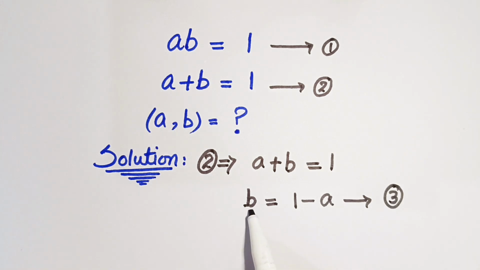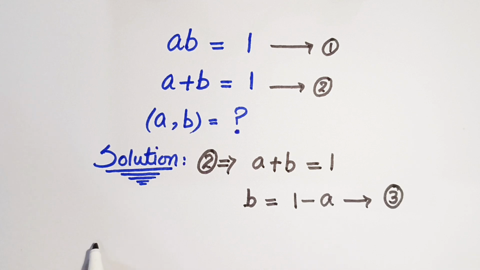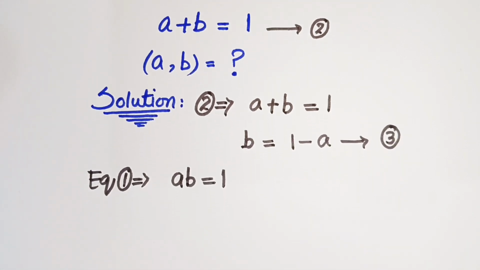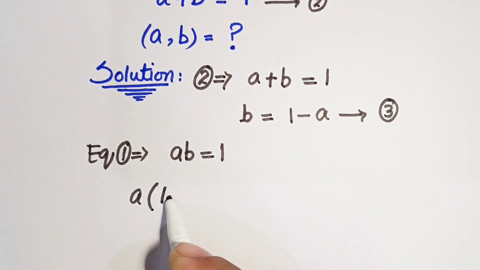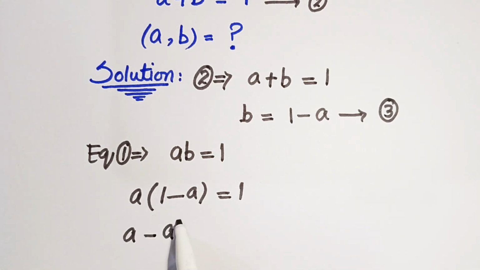Now putting this value of b from equation 3 into equation 1. Equation 1 is a times b is equal to 1. So if we put the value of b, we have a times (1 minus a) is equal to 1. Now a times 1 is a, minus a times a is a squared, is equal to 1.